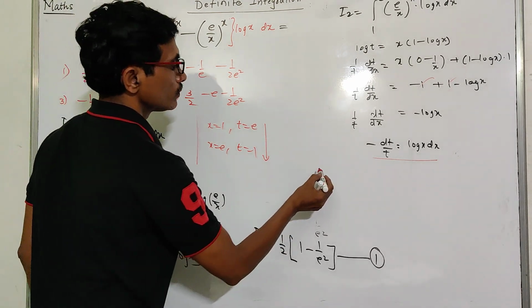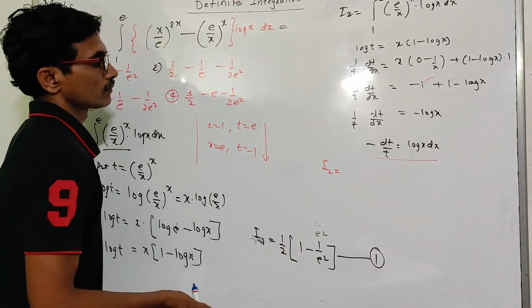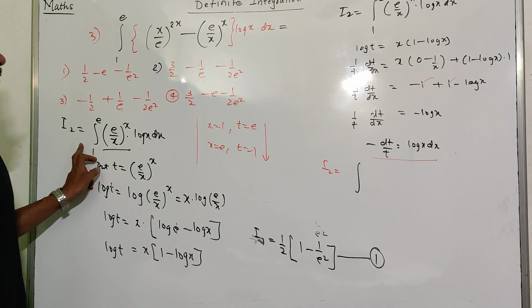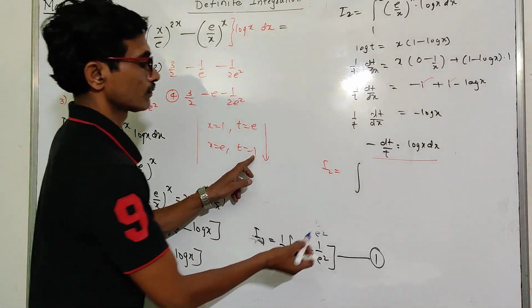So integral I2 will become integral with limits e to 1.